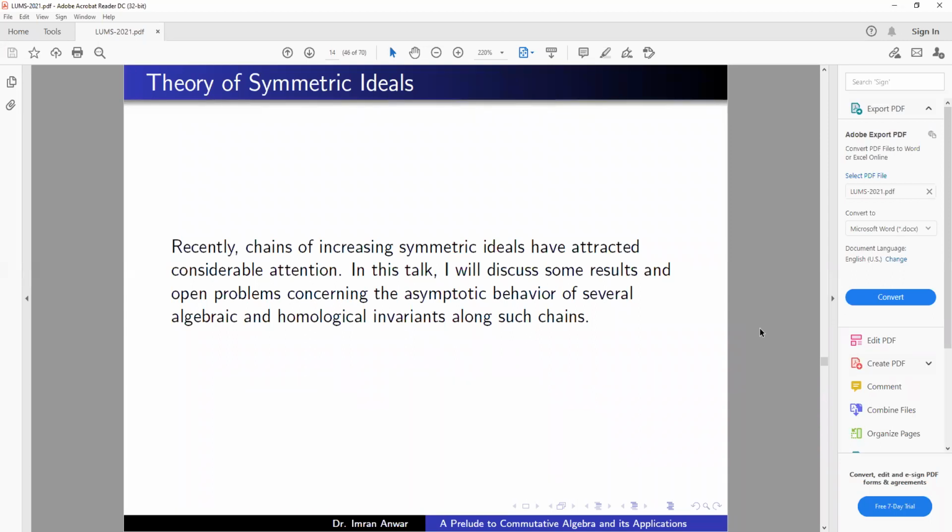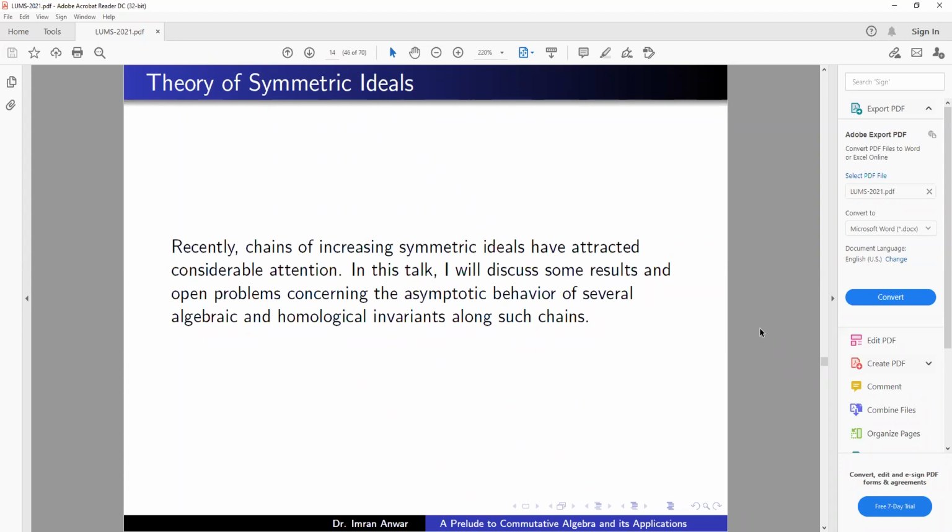It existed in other areas of mathematics, particularly in category theory and topology, where people formulate a filtration of a chain and then try to study the invariants from one step to the other and look at how they behave. But recently in commutative algebra, chains of increasing symmetric ideals have attracted considerable attention. And I will discuss some open problems concerning asymptotic behavior of several algebraic and homological invariants along such chains.